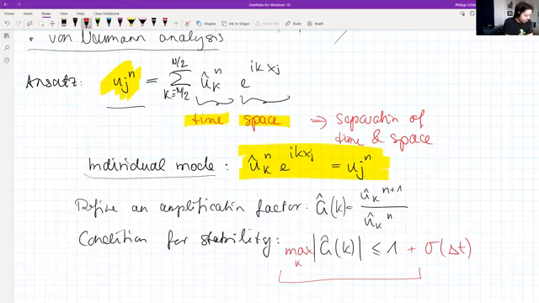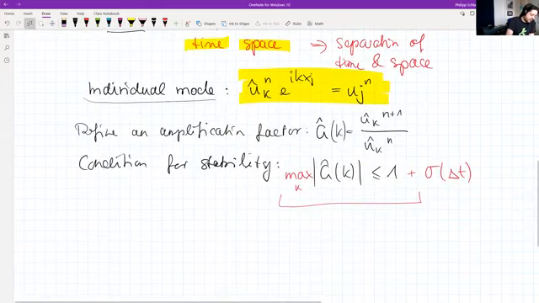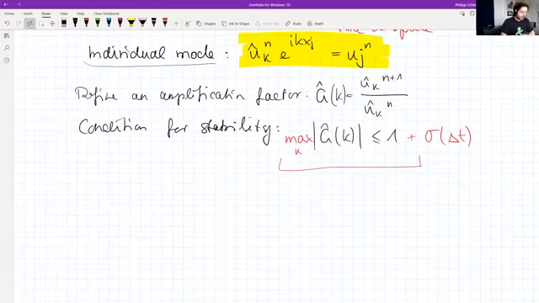But essentially, this is already everything about the von Neumann stability analysis. So we introduce an individual mode, we define an amplification factor, and make sure that it's bounded by 1. Let's make an example for that, just to see how this would be done in practice.